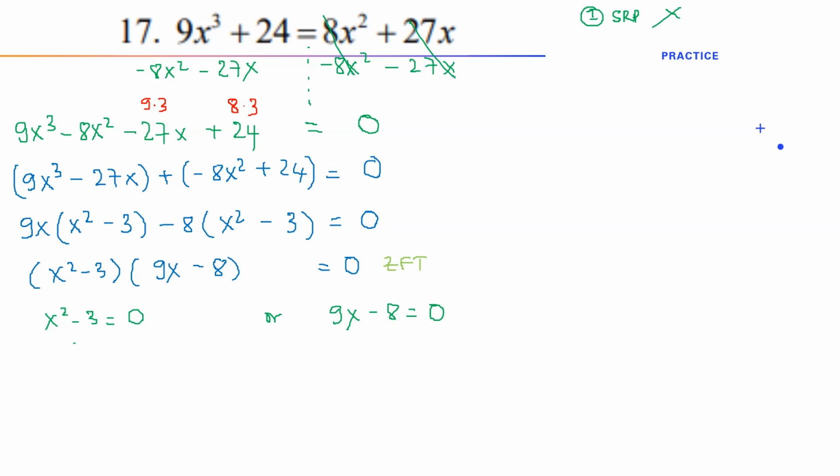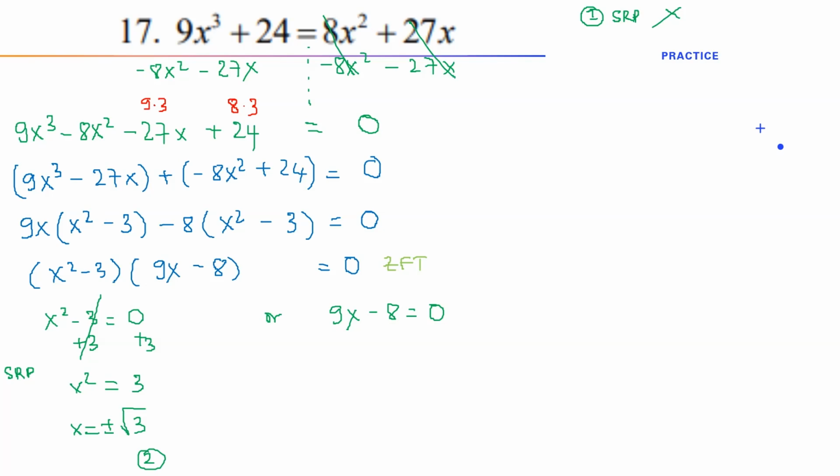So plus 3 on both sides to isolate x on the left-hand side. This one, square root property, right? So x equals plus or minus square root of 3. That's two solutions right here, right?